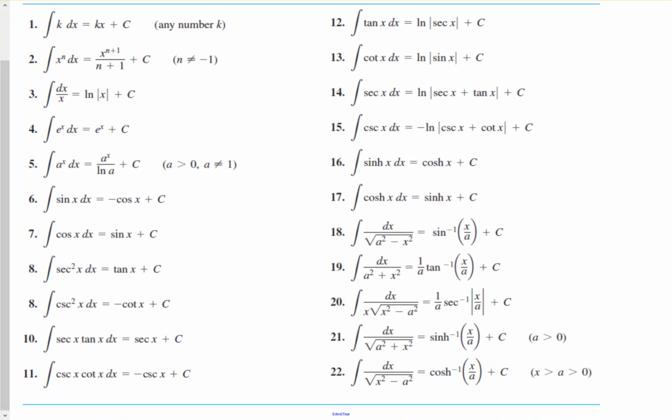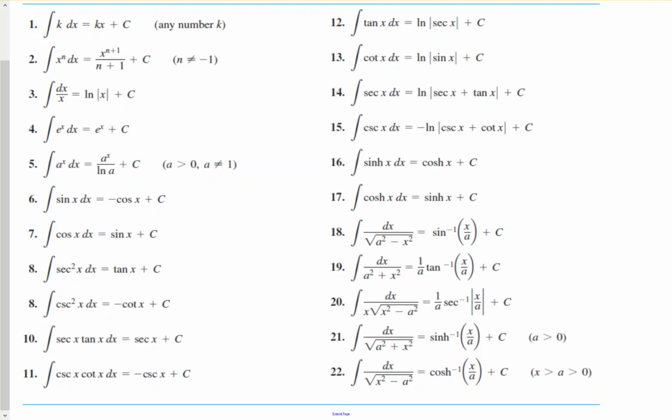Okay, these are some of the more common ones that we've dealt with. You see the constant, the integral for ln of x, the trig integrals. We have the new hyperbolic trig integrals, the inverse of the hyperbolic, the inverse of the trig functions.